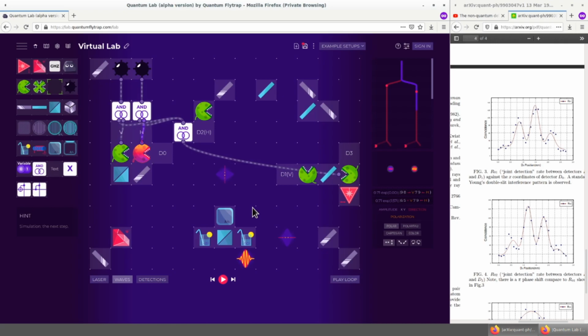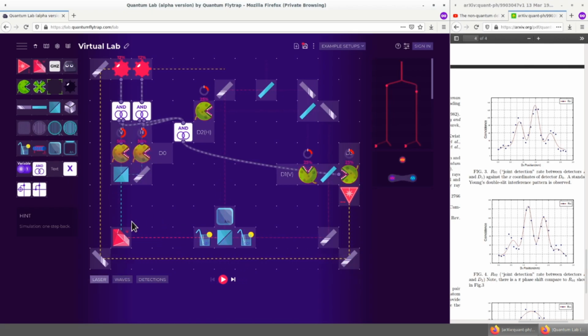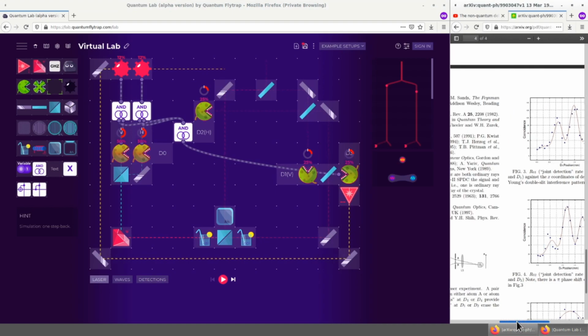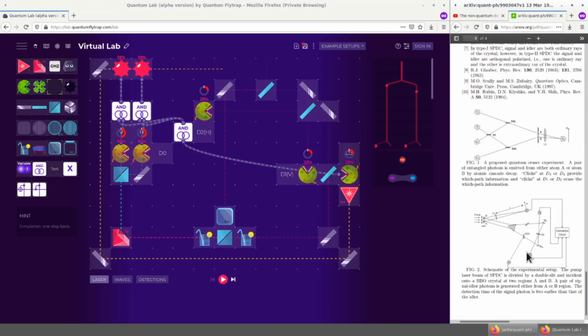Another thing that I want to point out about this is that it's sort of unnecessarily complicated. A lot of the details in this setup are not really about making the experiment as simple as possible. They're just about making it possible to do it with the available technology.